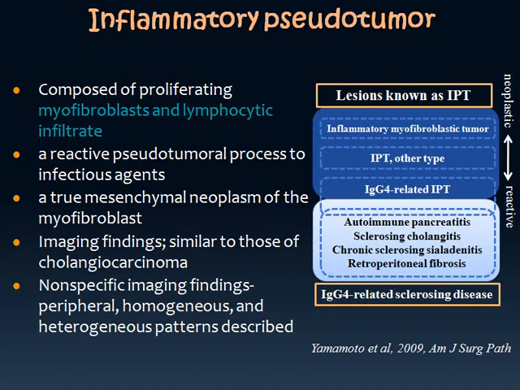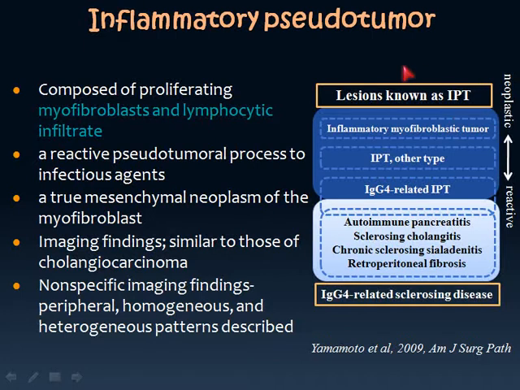Inflammatory pseudotumor is composed of myofibroblast and lymphocytic infiltration. A subset of the inflammatory pseudotumor is a reactive pseudotumoral process, and another subset is a true mesenchymal neoplasm of the myofibroblast.